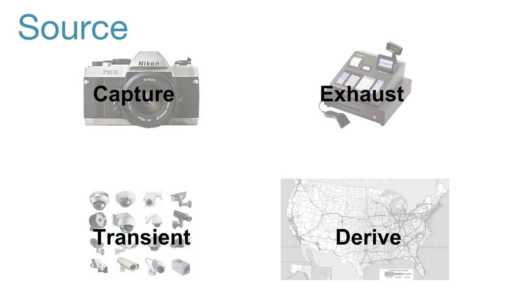You pay for the groceries, but as you pay, there's information being collected on you as a consumer or as a purchaser, and that secondary collection is what's called the exhaust data. The main purpose of the transaction is just to buy the groceries, but as a result, some data is produced, and that exhaust data can be utilized.